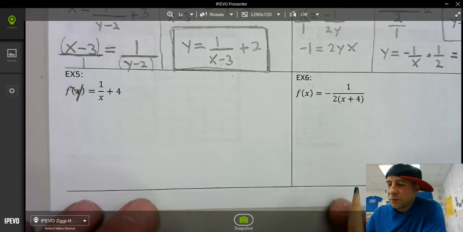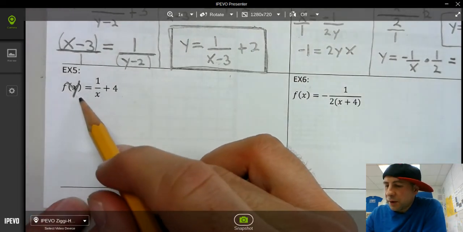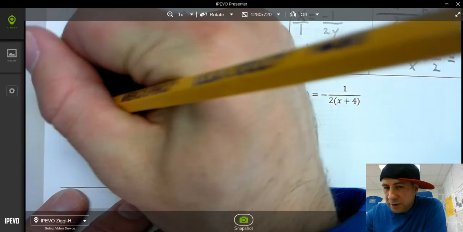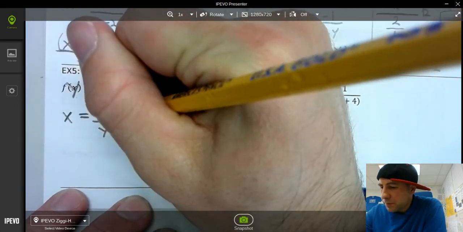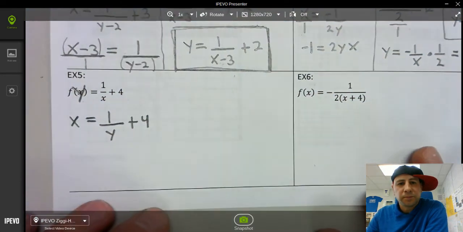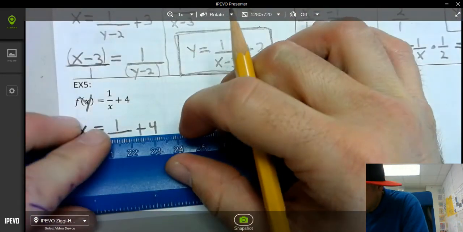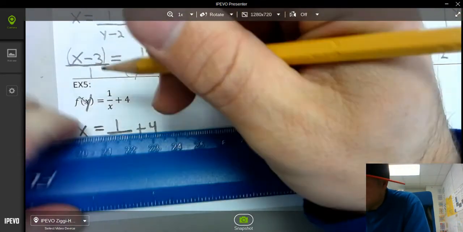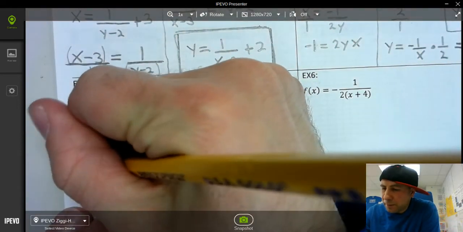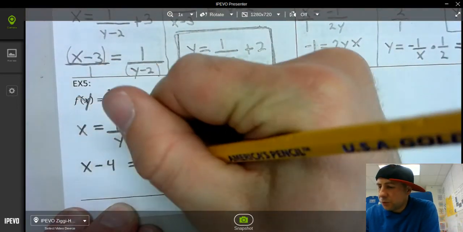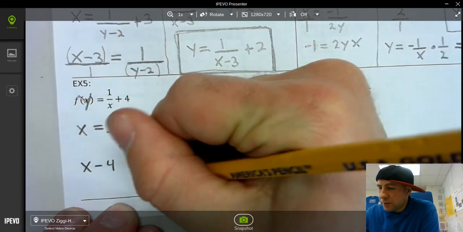All right, so change f of x to y, and then switch x and y. So x equals 1 divided by y plus 4. All right, so you're going to subtract 4 from both sides. You get x minus 4 equals 1 divided by y.